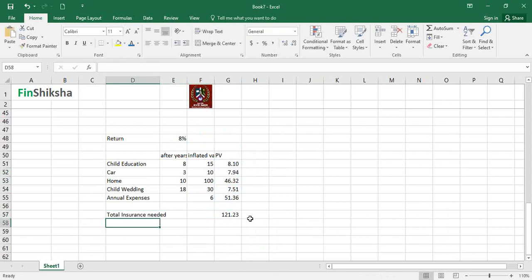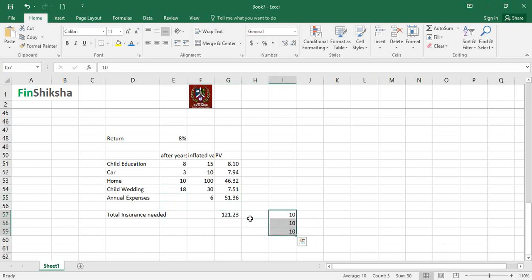Now, interestingly, if a person lives one more year, then you would have saved 10 lakhs. Another year, you would have saved 10 lakhs. Another year, you would have saved 10 lakhs. So for the next 18 years, 18 years is the longest goal, you approximately need 1.21 crore, but after 3 years you need only 91 lakhs because you would have saved 10 lakhs each of the years, right?